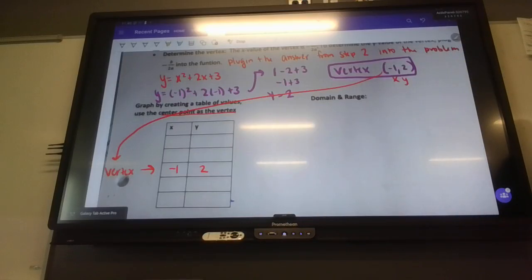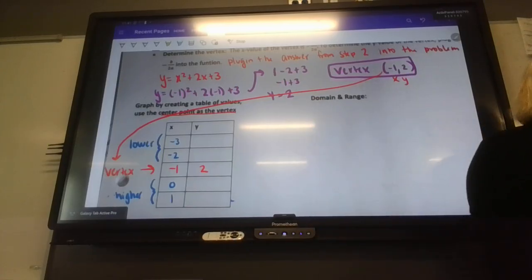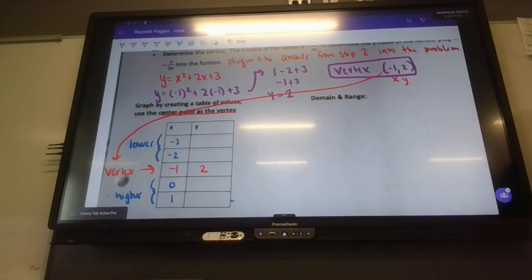From there, you need some points that are lower than the vertex and some points that are higher. So just count up and count down, pretty much. So, -3, -2, 0, 1. That'll change. The x values aren't the same for every quadratic. You figure it out. Lower, higher. And so we're plugging all of these into the problem just like we did the vertex.